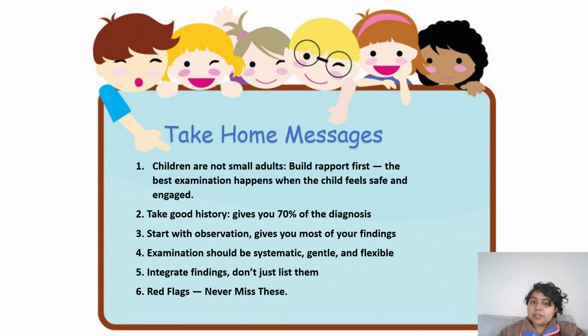Start with an observation, and that gives you most of your findings. Examination should be systematic, but you need to be gentle and flexible. You can modify; it need not strictly follow all parts of the examination as told. Integrate your findings and don't just list them. That would give you differentials to make your initial management plan, and never, never, never miss the red flags.